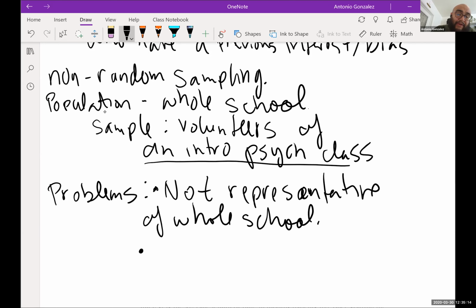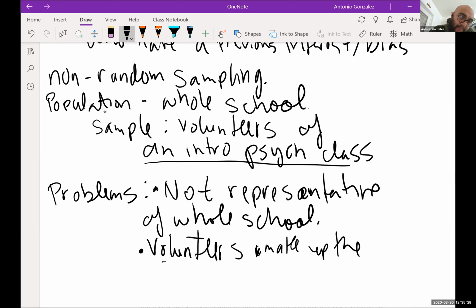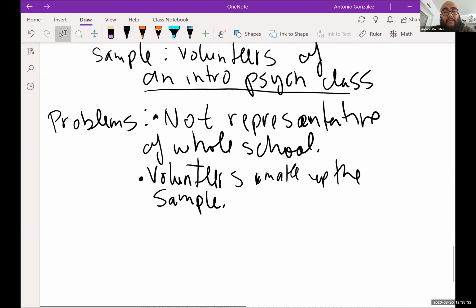The second problem here is that volunteers make up the sample. The problem with that is that when you get volunteers, it's always people that might have a bias coming into this. Maybe they have some feeling for one specific way over the other.